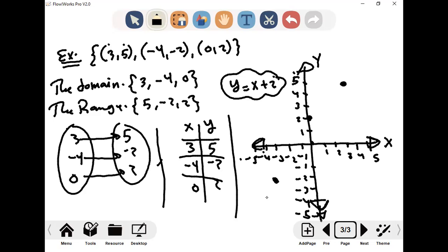So how many ways now we can present the relation? 4 ways. Mapping, table, graph, and equation. These 2 types, what we care about. And this one here is the most important one. If you can find the equation, it's very good.